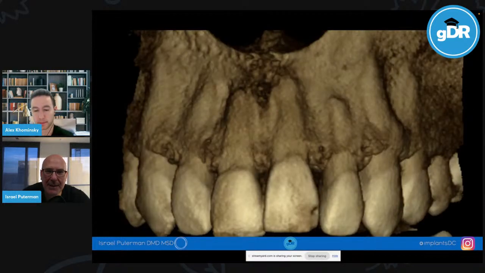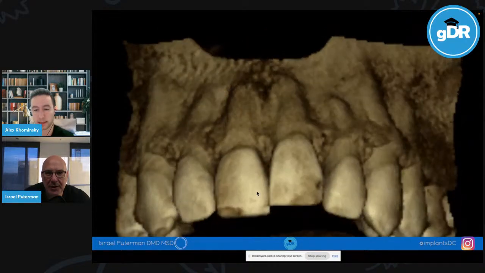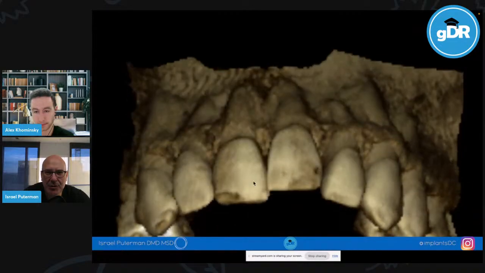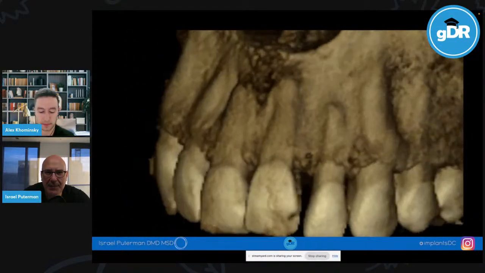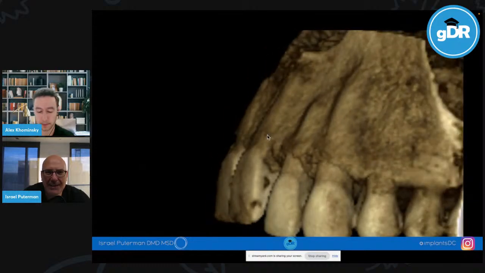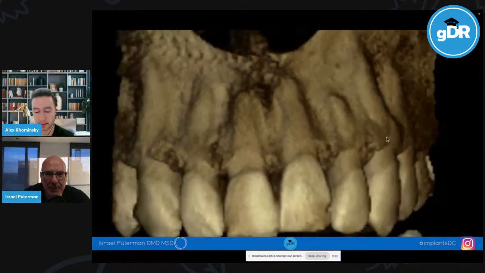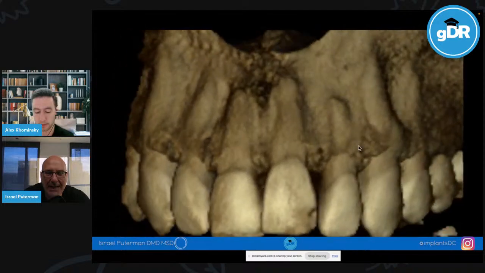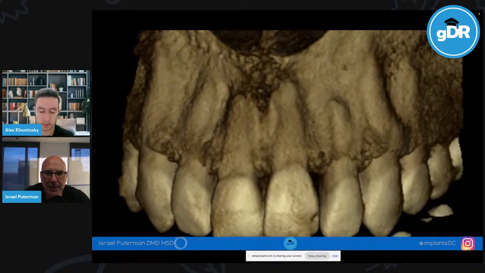Let's look at the three-dimensional reconstruction from the CT scan. You can really appreciate that washboard effect of those roots, how facial they are, how thin the biotype is, and how I can see that there is a facial plate. I don't see a root there. You can see a very thin, eggshell appearance of that facial plate over the roots, but that eggshell is going to be gone as soon as I take out the tooth.